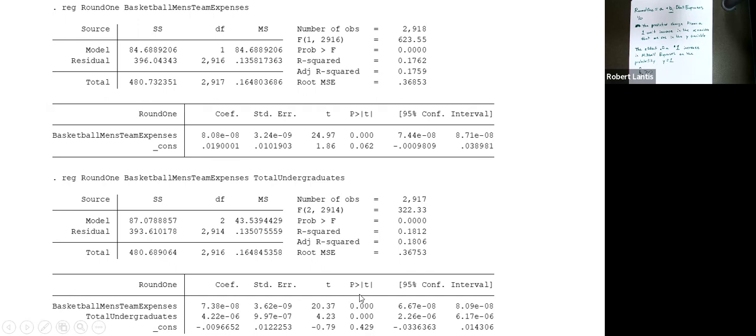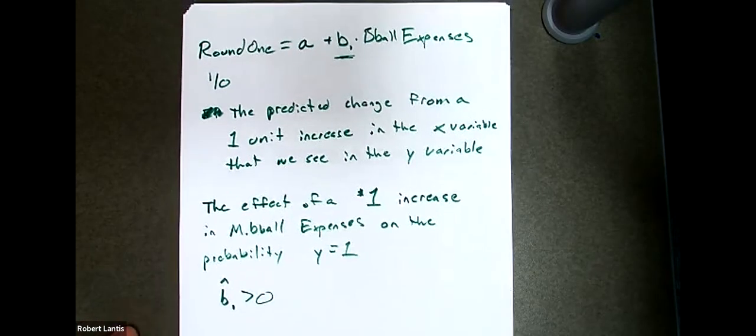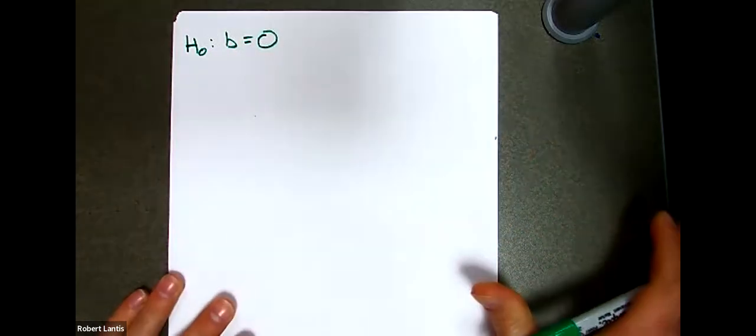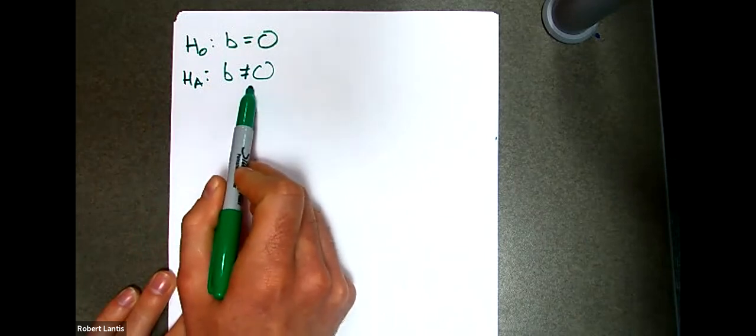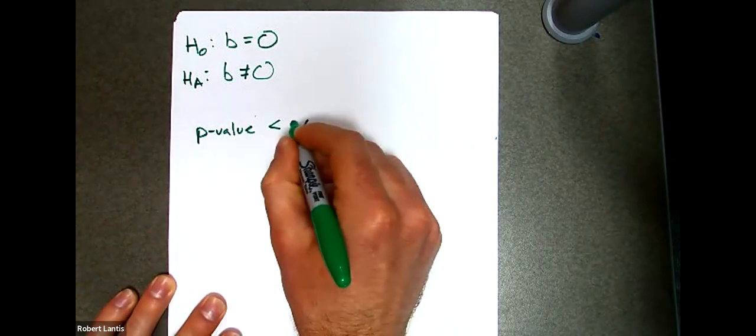And when I say it's still significant, what am I referring to? So we said that when we run these regressions and we look at these slope coefficients, we always start out assuming that the slope coefficient is equal to 0, that there's no relationship between our x and our y variable. Or said differently, in our alternative hypothesis, we're trying to find: is there an effect? Is that slope anything other than 0? So just like all of our hypothesis testing, we can compare our p-value to whatever alpha corresponds to the confidence level we want to reject the null at.